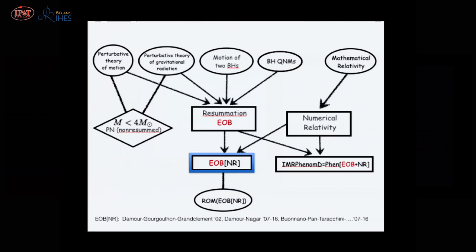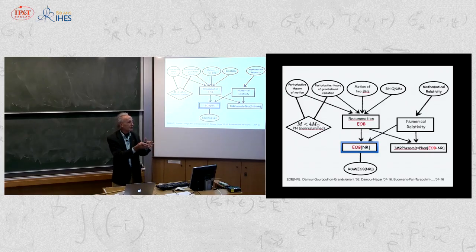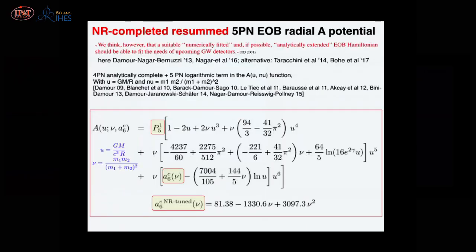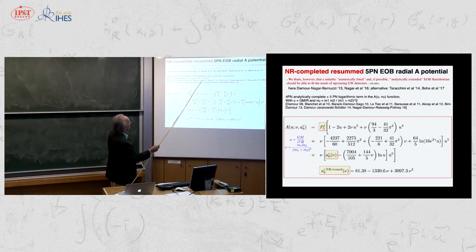The idea is that you have an analytical method which captures most of the physics, but which is not very accurate during merger. You have numerical relativity, which cannot well describe the perturbative theory for many orbits, but which is good at merger. Let's try to take information from numerical relativity to improve the analytical method. And this is what was done in the years after.